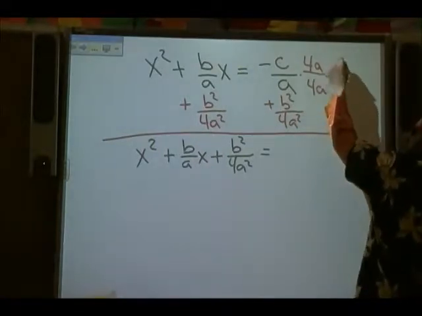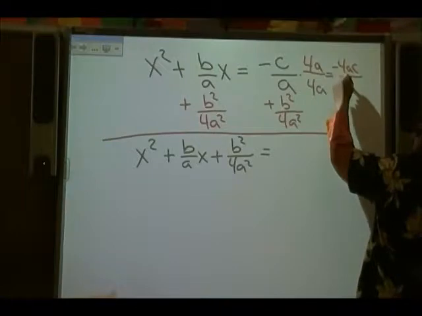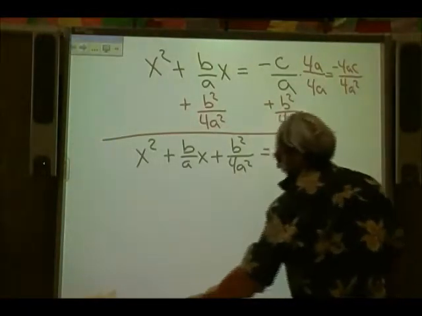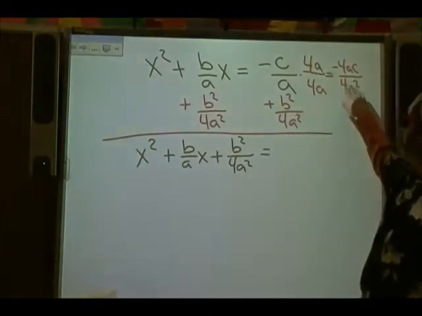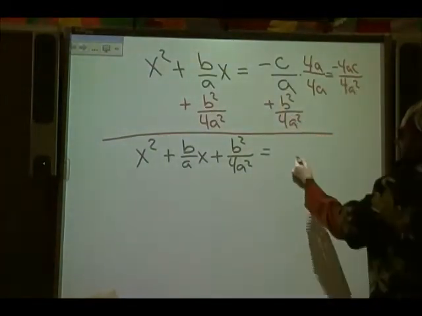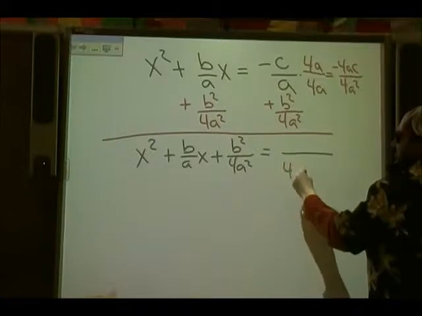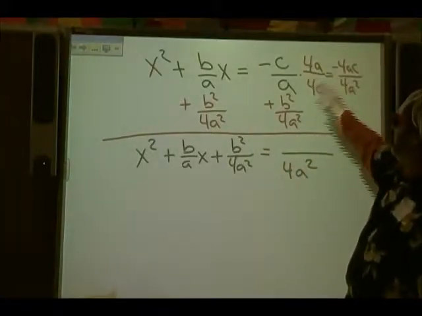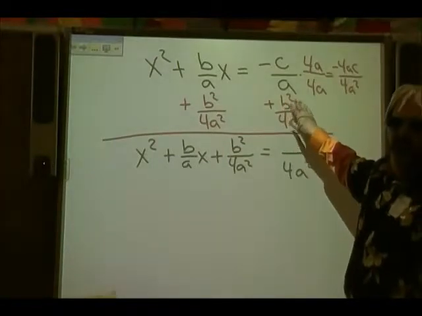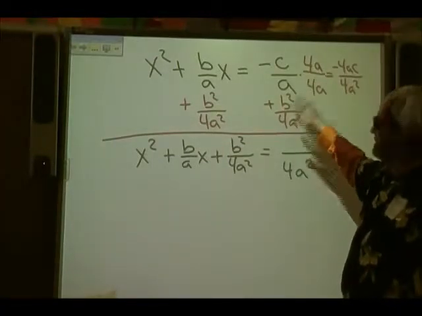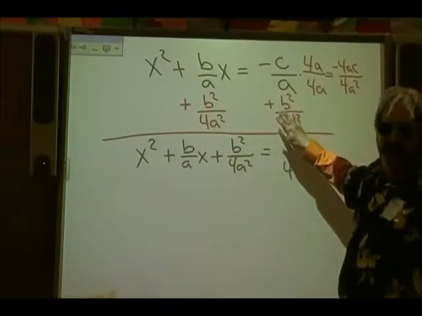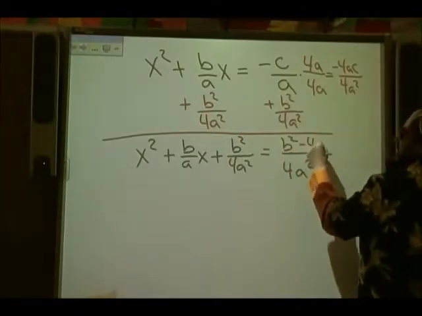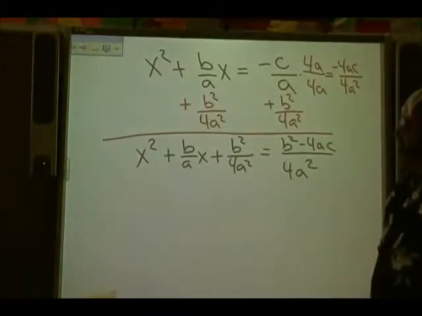This comes out to negative 4ac over 4a squared. So when I add these two, the denominator stays the same, and I have a negative 4ac plus b squared. I want to put the b squared first. It doesn't matter, commutative property, but let's put the b squared first because that's how it is seen and recognized.